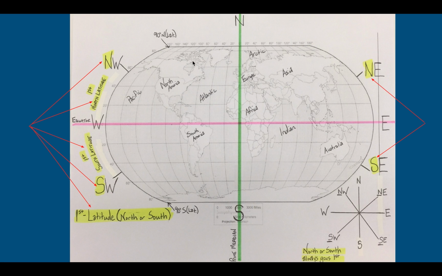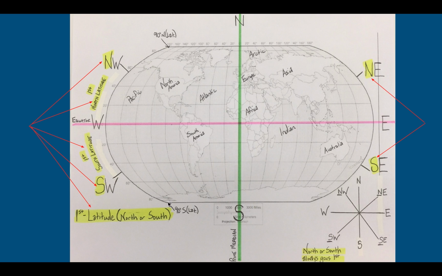Let's start out at the very, very top. If you guys are looking at the screen right now, looking at my cursor, or the arrow, at the very corner, you should see the number 180 degrees. What I want you to do is draw an arrow to that corner, and then right above that arrow, write 90 degrees N, which stands for north, and then in parentheses, write LAT, which is an abbreviation for latitude.